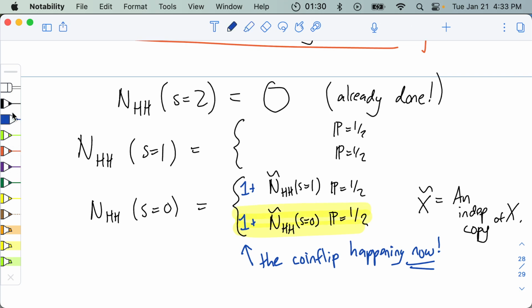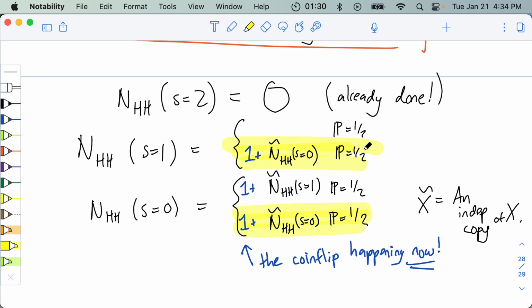It'll be 1 plus N tilde heads of s equals 0, right? Half the time you move down to state 0, and how long do you have to wait until the heads comes up? Well, 1 plus however long it takes from there, right? So that's an exact copy of this situation. You move to state 0, you've got to wait as long as you've got to wait.